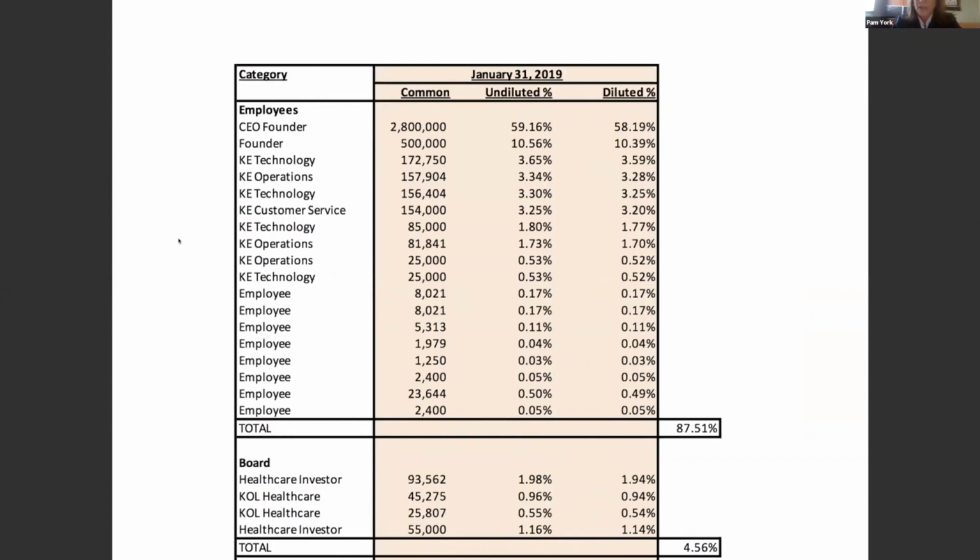But one of the messages I wanted to deliver, first of all, I want to really underscore Jodi's message about having things very simple and easy to read. This maybe seems like a minor point, but what you're trying to do is really understand the company. And the harder it is to review the information, including the cap table, the longer it takes to get through the diligence process, and the less likely you are to make an investment.